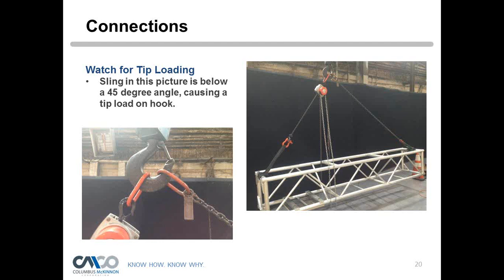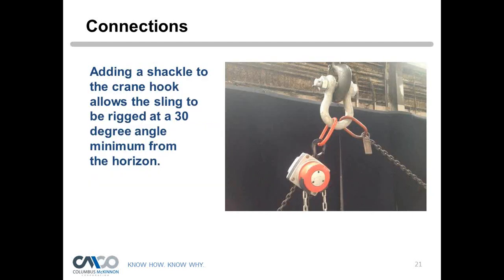And so a better connection, so that we don't damage that hook or pull that hook out and cause a tip load, is to just place a shackle in there, okay? And again, we have a whole webinar on shackle use and proper uses of shackle. So there's one use of a shackle. A shackle can take a 120-degree included angle, and so we can go at a 30-degree angle from the horizon, and that's a much better connection.